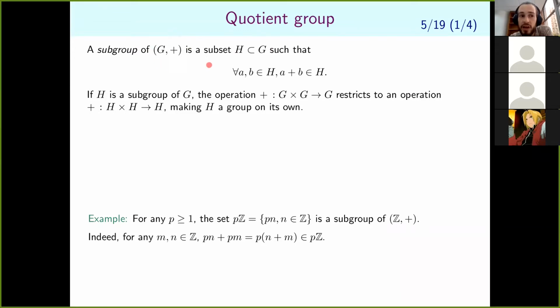So I have a group G. I define a subgroup H as any subset of G, such that if you take two elements of H, then their sum, A plus B, is still in H. And this shows that the operation plus on the group G restricts to an operation on H. So a subgroup can be seen as a group.